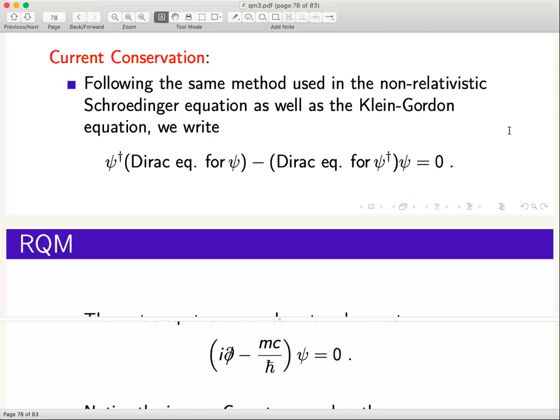Is that fine? Suppose you have a tenth order differential equation. You can convert that into a matrix equation, and the column vector which is a solution to this is psi, psi prime, psi double prime, psi triple prime, and so on up to the ninth derivative of psi. You can write the matrix operator as a single derivative operator with some other entries such that the equation comes out right.